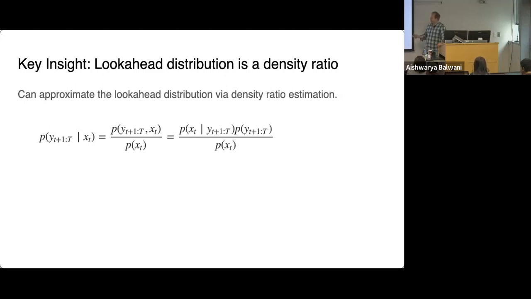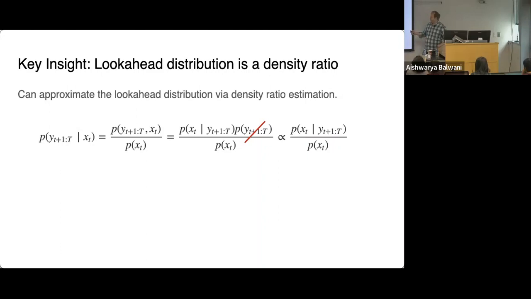We'll expand out the joint distribution into the smoothing distribution, P of X given future data, times P of future data. And we'll observe that we actually don't care about this marginal probability of the future data, because we're only ever using this when we're weighting particles, and this is going to be the same regardless of which location X at time t our particle is occupying. So this is just going to be a constant for all our purposes.